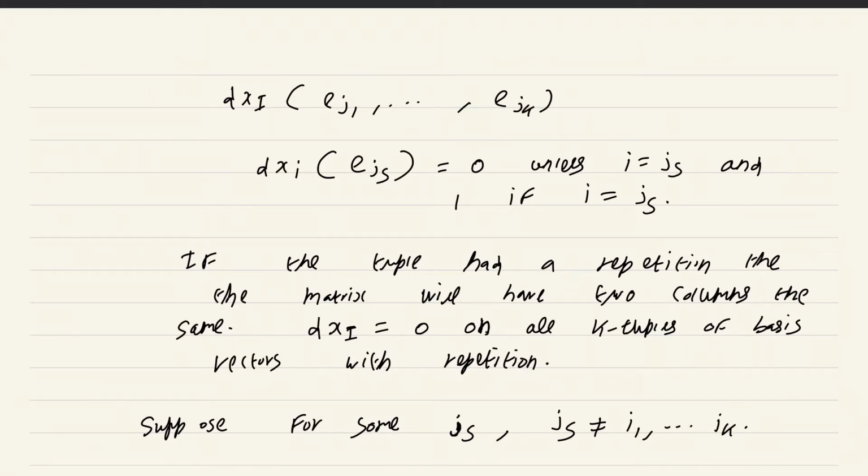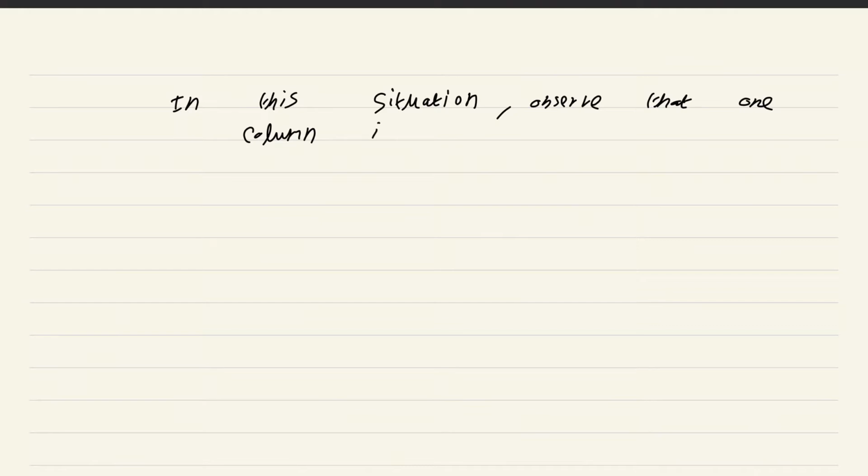So you have a basis vector with an index that is not the same as any of the indices that appear in the definition of the form dxI. In this situation, observe that one column in the matrix will be 0.